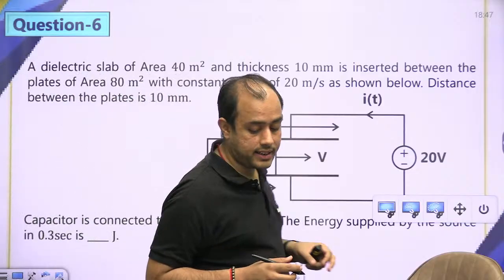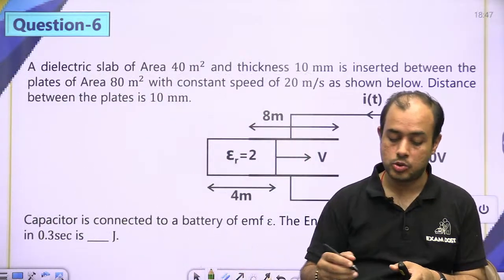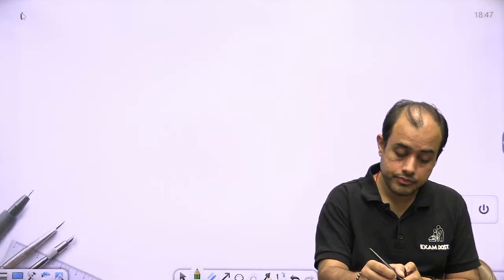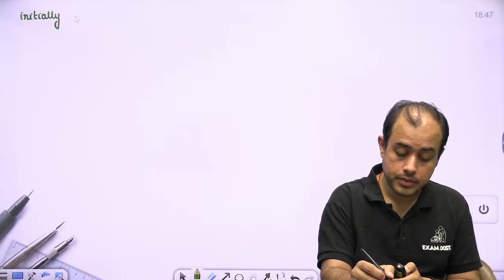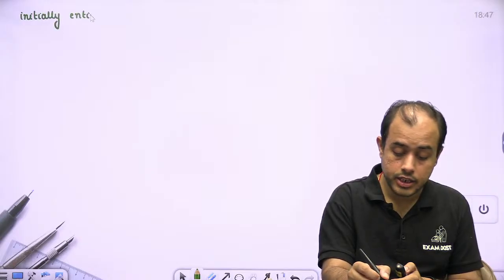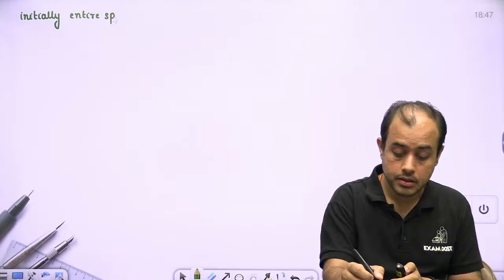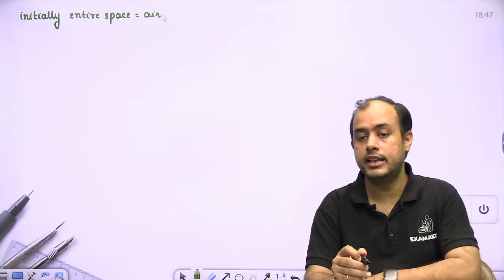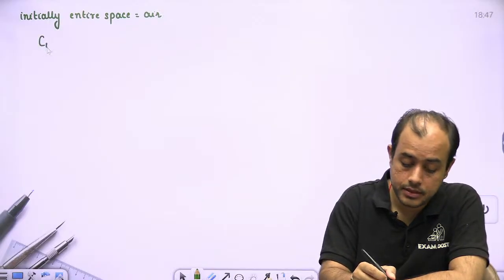Now how to find the energy supplied by the source? Initially the entire space is air. Okay, initially the entire space is air.